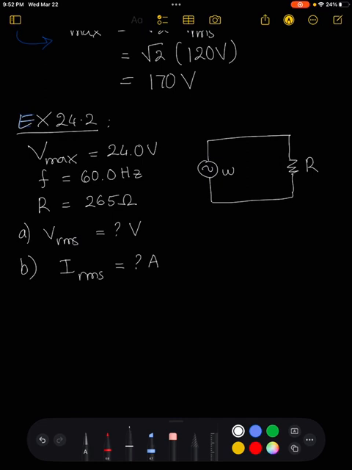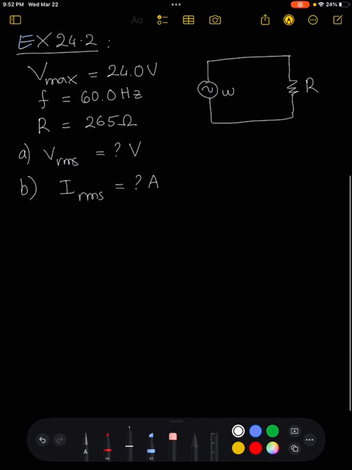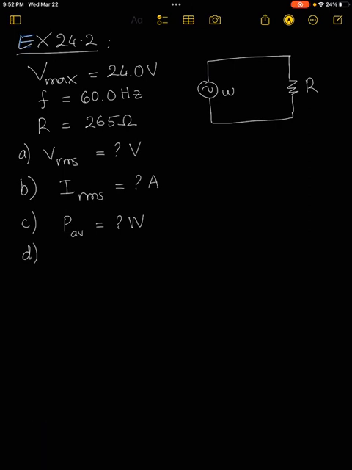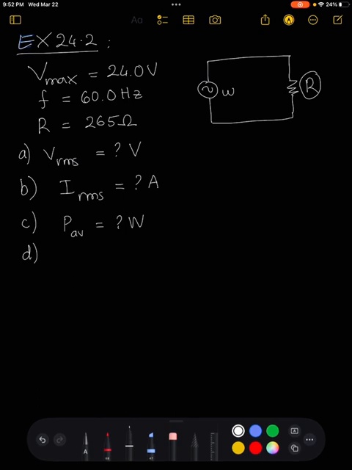In addition, determine C. What your average power would be, P average. And power, you know that it would be in terms of watts, right? D. The maximum power dissipated in the resistor right here. Okay. So it would be P max.